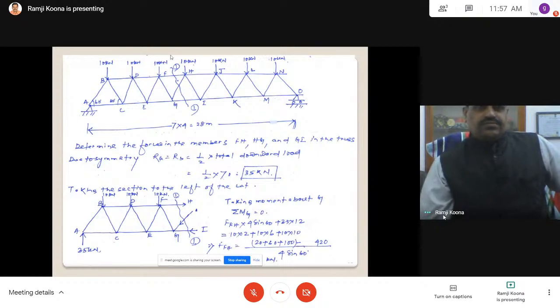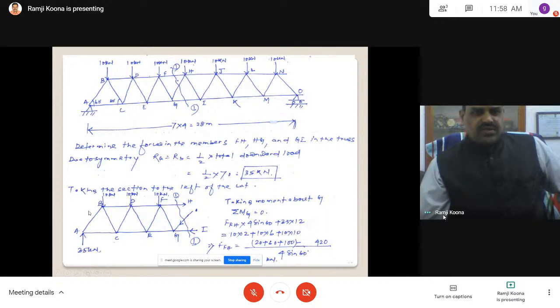Now I am considering the left part here. These are the vertical reactions which I already got by considering equal loads. The total is 70. It is a symmetrical truss, so we will get 35 here and 35 here.